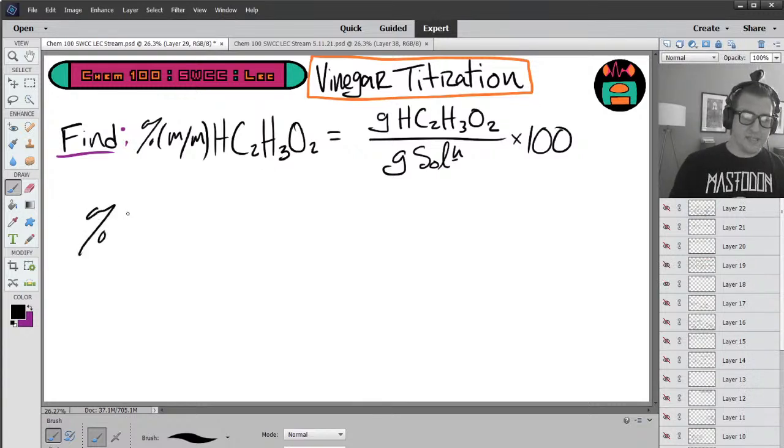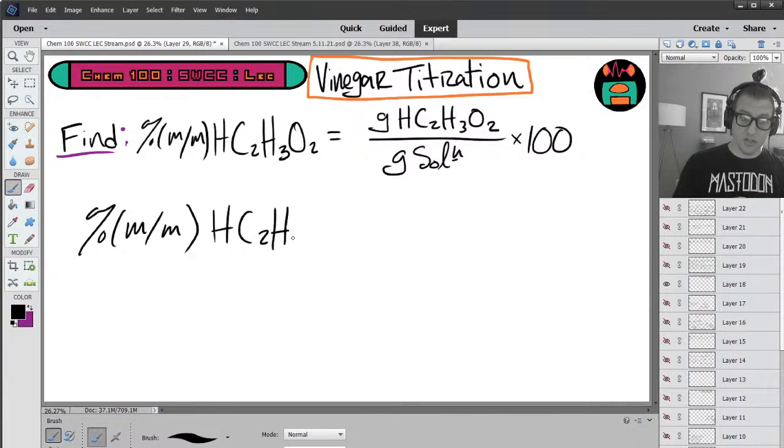All right, so finally, our percent mass of vinegar based on our titration and standardization comes out to be 5.04%.